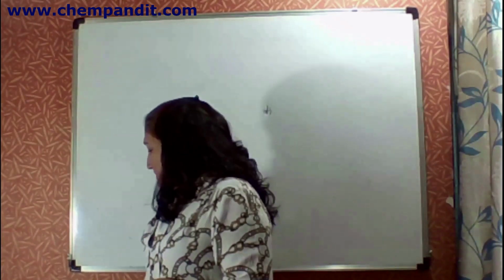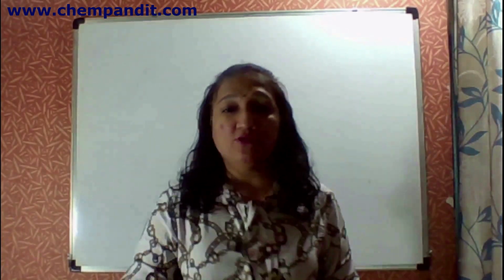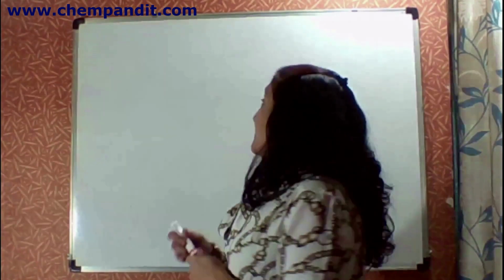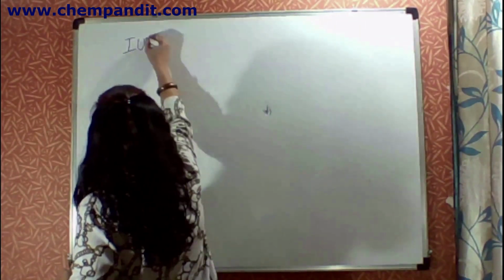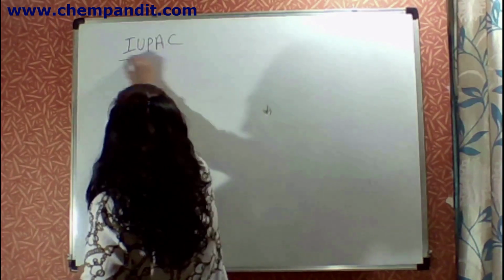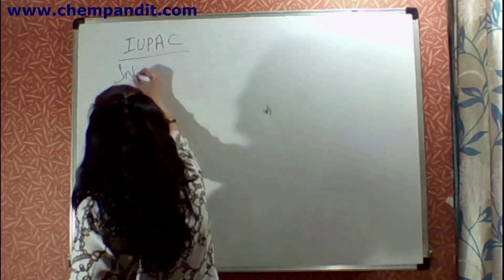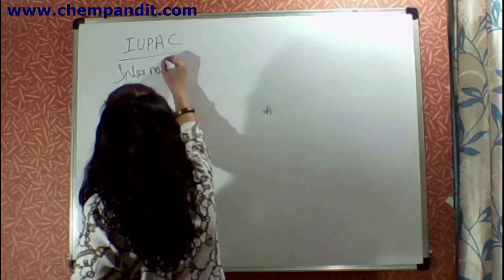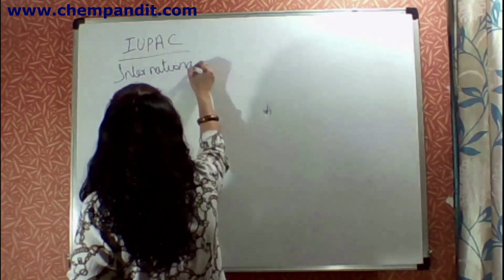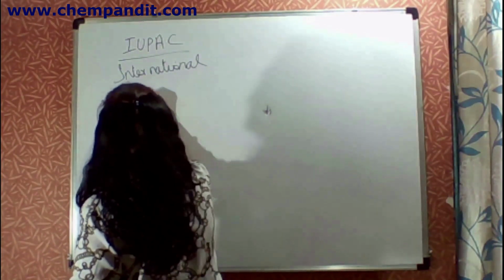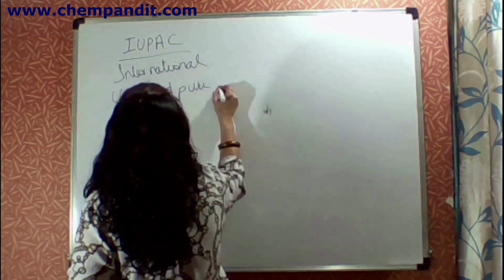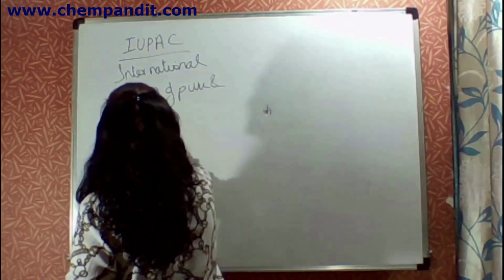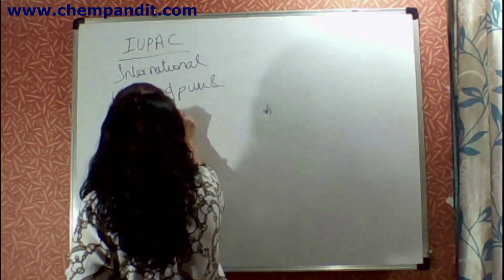First of all, what do you mean by IUPAC? Why am I calling it IUPAC Nomenclature of Organic Compounds? IUPAC is an organization. Its full form is International Union of Pure and Applied Chemistry.